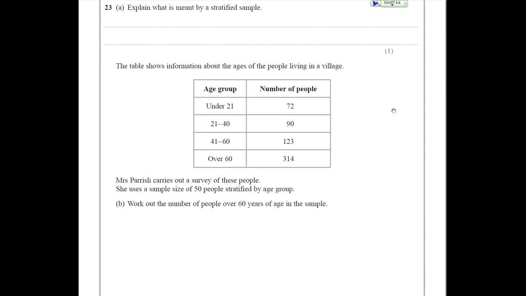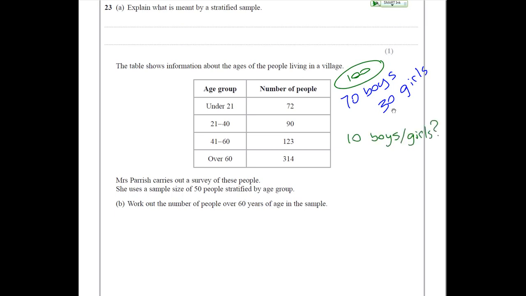So stratified sample, let me just briefly explain to you what's going on with it. If you had in a group, say, 70 boys, 30 girls. If someone said to you, can you pick me, out of 100, 10 boys and girls?